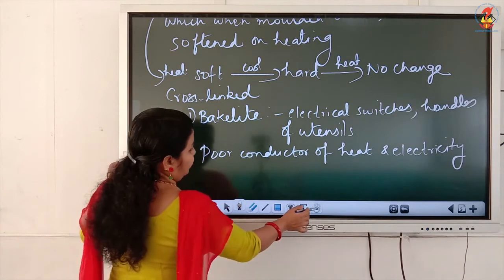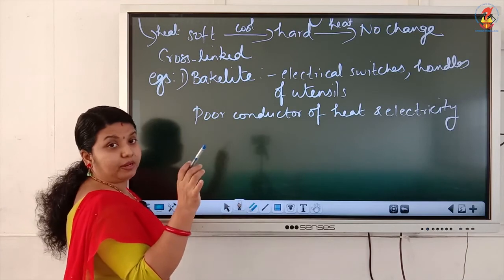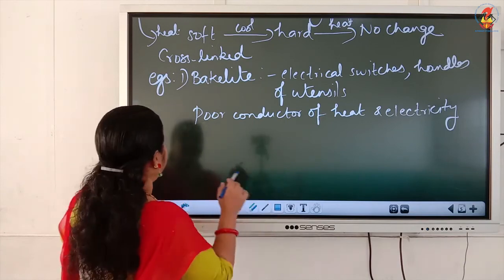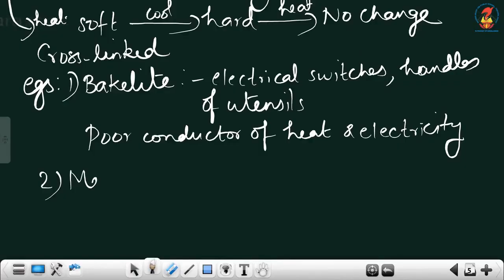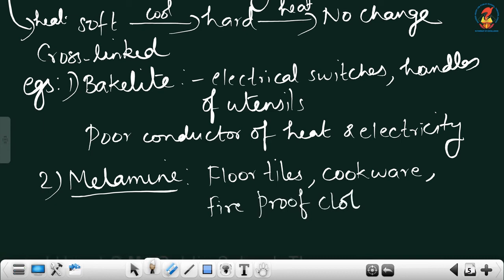Okay. So electrical switches and switchboards are made up of thermosetting plastic known as Bakelite. The plastic which is used for making electrical switches is Bakelite. Now the second example is Melamine. Melamine is used for making floor tiles, cookware and also fireproof clothes.